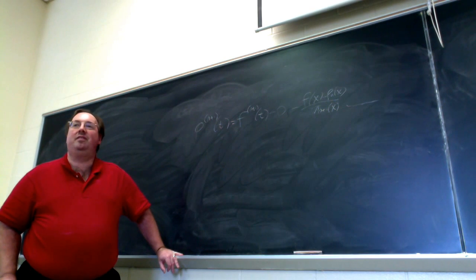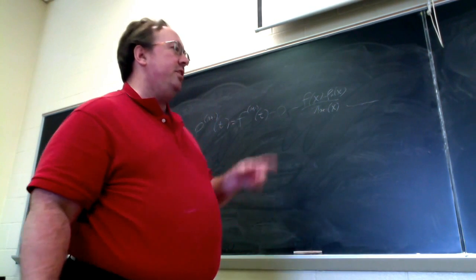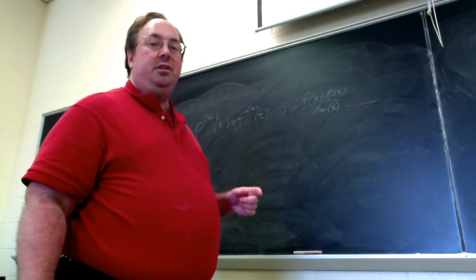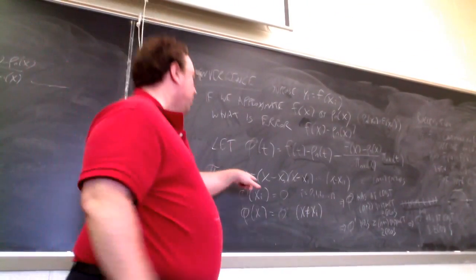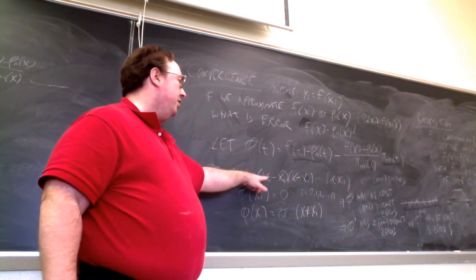One thing I can tell you is, regardless of what these x's are, this polynomial is called a monic polynomial, because notice the coefficient of x in each of these factors is 1.